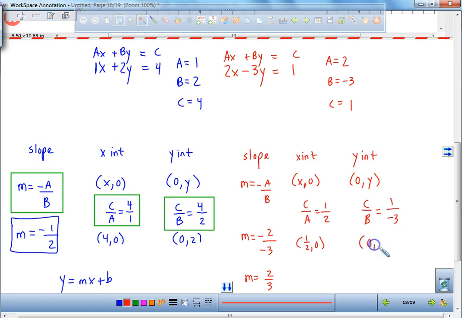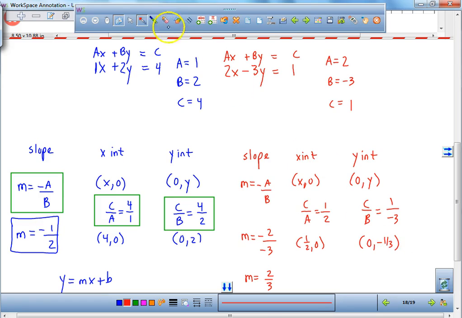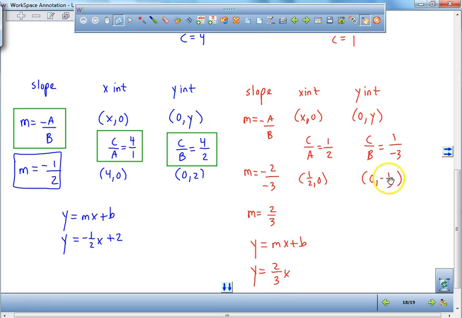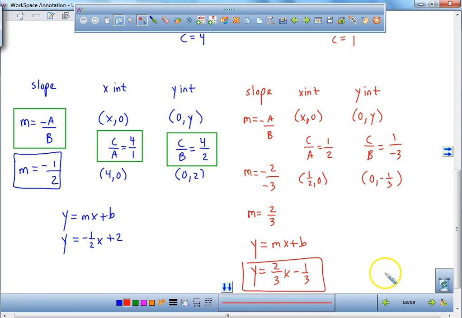So this would be at 0 comma negative 1/3. I'll make it nice and neat. Negative 1 over 3. Okay? Our y-intercept's at negative 1/3, so if I wanted to write it in slope-intercept form, I'd put minus 1/3. This is our answer in slope-intercept form.